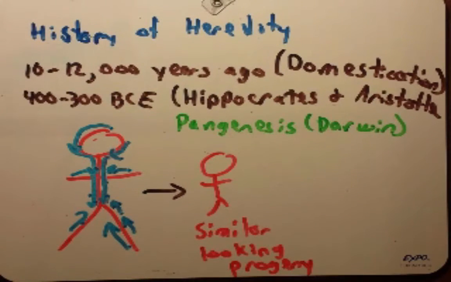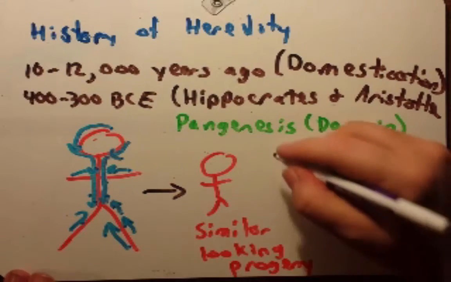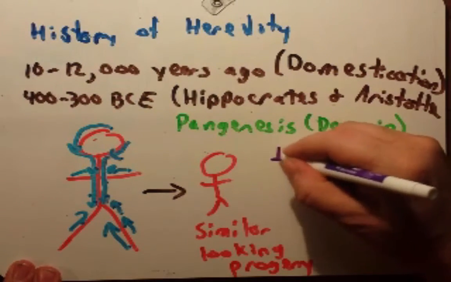Now, this idea of Pangenesis brought about this other idea, and it's linked to Pangenesis. And it's something we're going to call the inheritance of acquired traits.